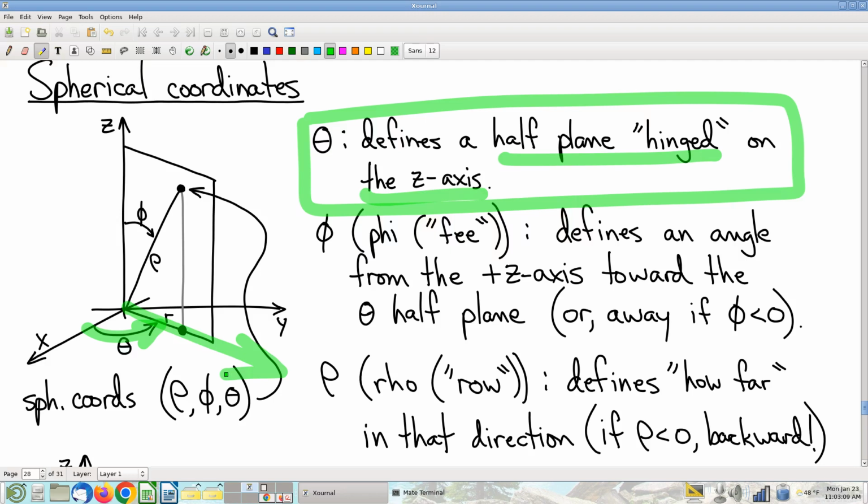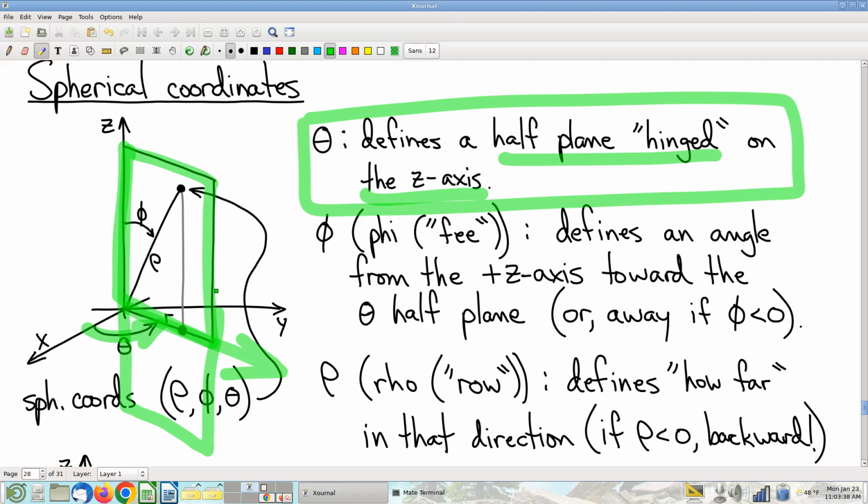But since there's also up and down, theta now defines, and I suppose I should extend down below as well, a half plane of all points who from the z-axis are in that direction. All right, is everybody good? Very importantly, this is a half plane, not a full plane.